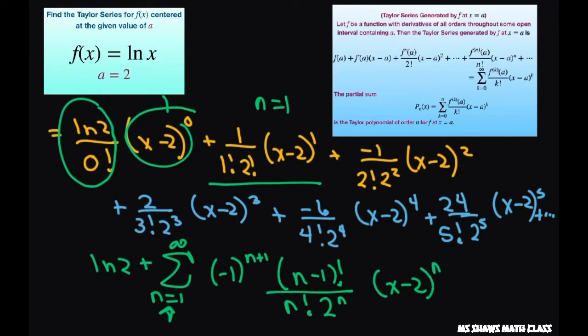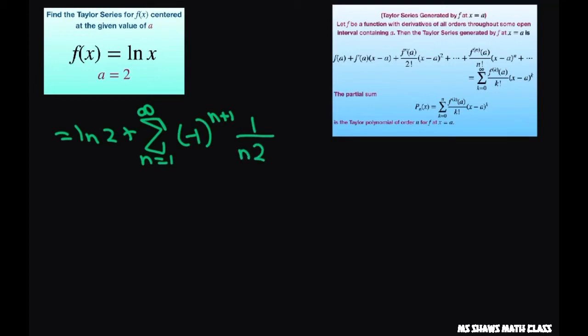All right, and simplifying this further, we're going to get ln of 2 plus the sum n equals 1 to infinity of negative 1 to the power of n plus 1, and this will be 1 divided by n times 2 to the power of n, times x minus 2 to the power of n.